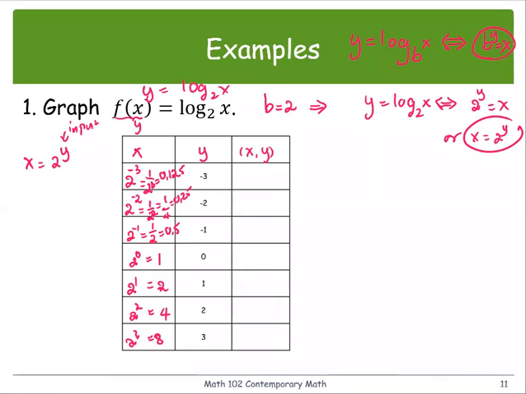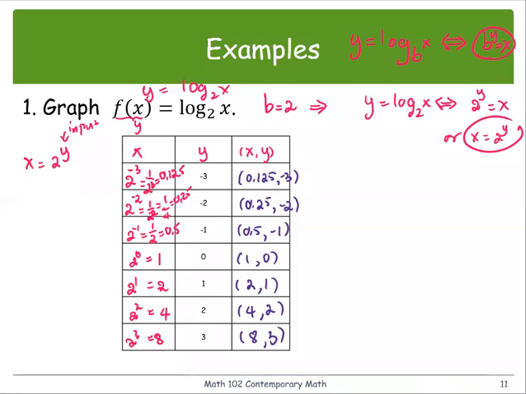We're going to put them together in ordered pairs. The ordered pairs x comma y are 0.125 comma negative 3, 0.25 comma negative 2, 0.5 comma negative 1, 1 comma 0, 2 comma 1, 4 comma 2, 8 comma 3. We get the set of the ordered pairs.